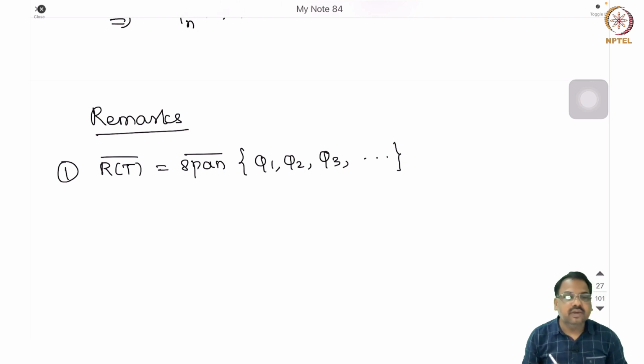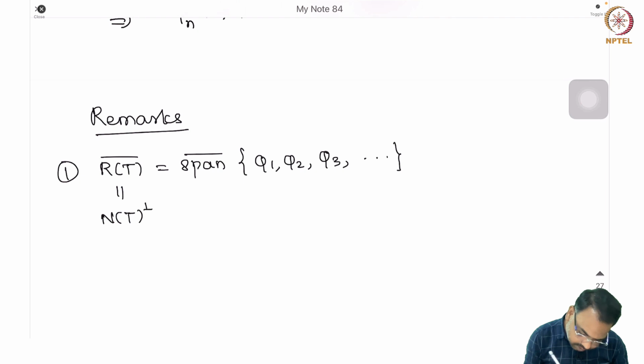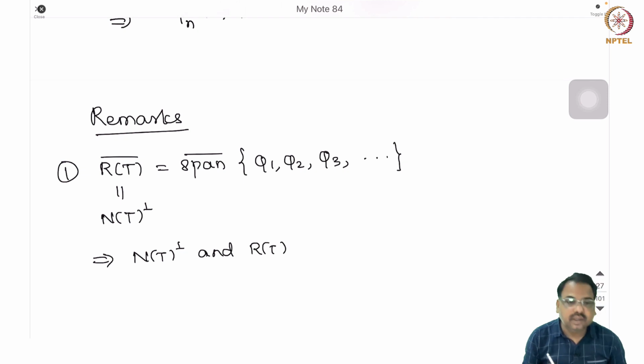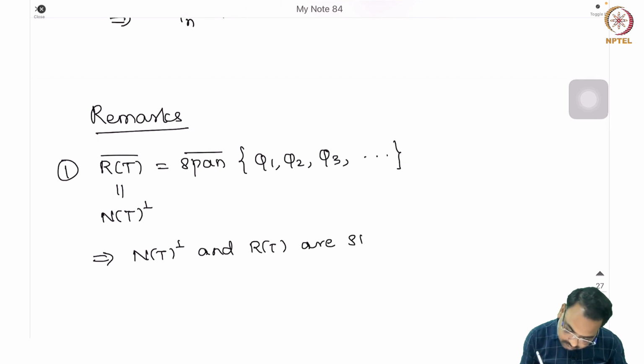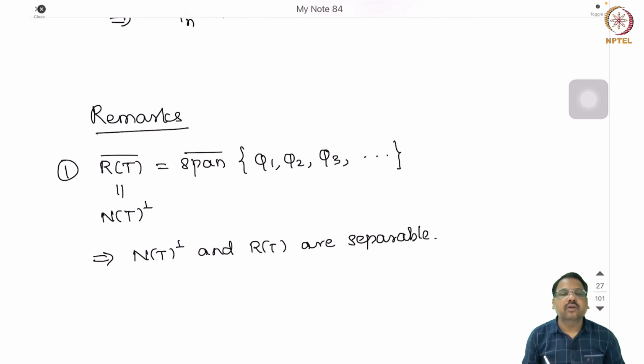And we know that the closure of the range of T is nothing but the null space of T perp, because T is self-adjoint. So from these observations we can say that the null space of T perp and the range of T, because the range of T is a subspace of the null space of T perp, are separable, because they have a countable orthonormal basis.